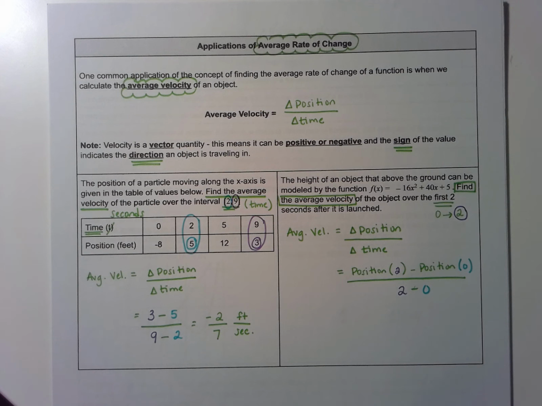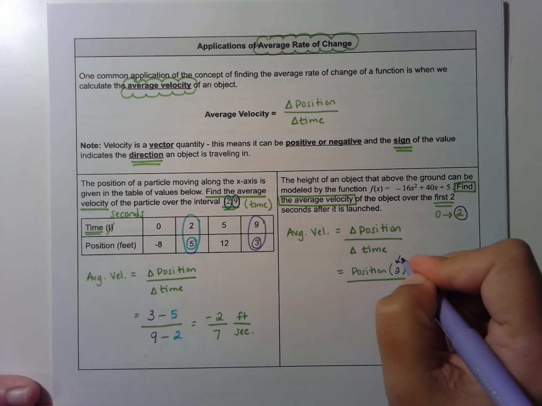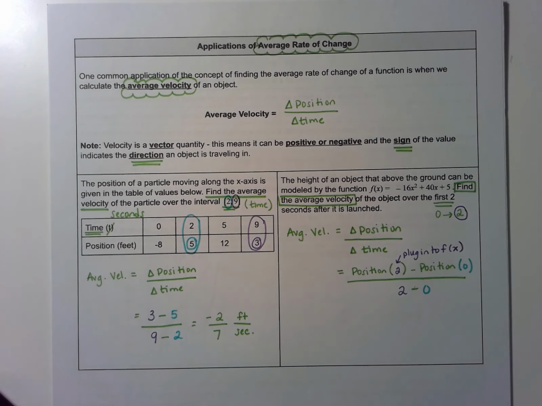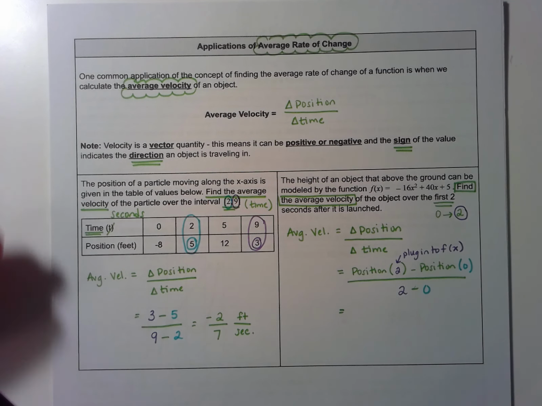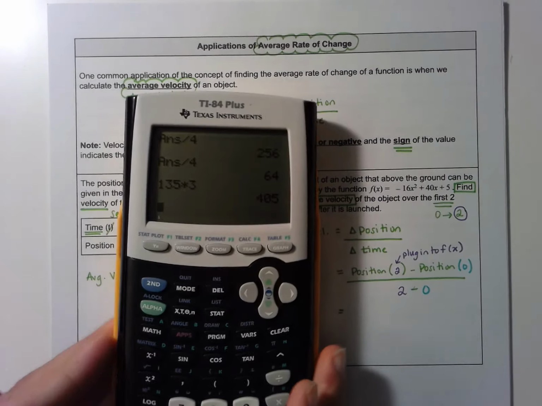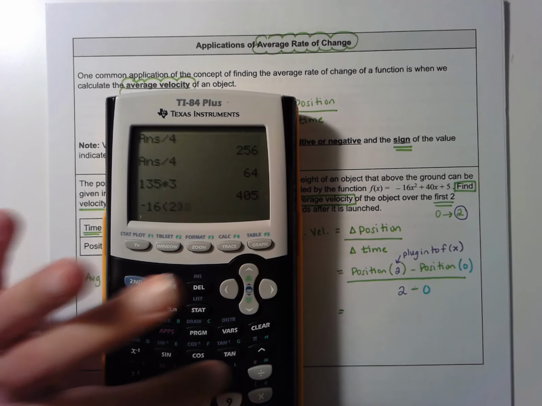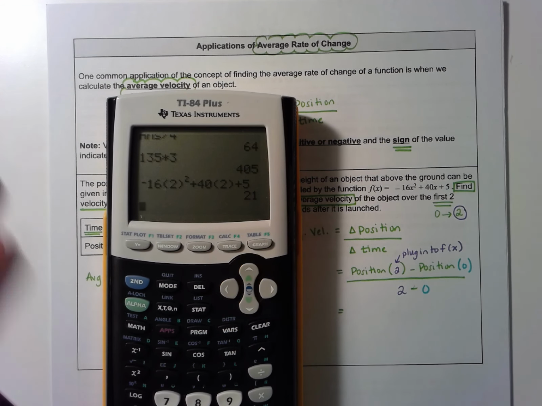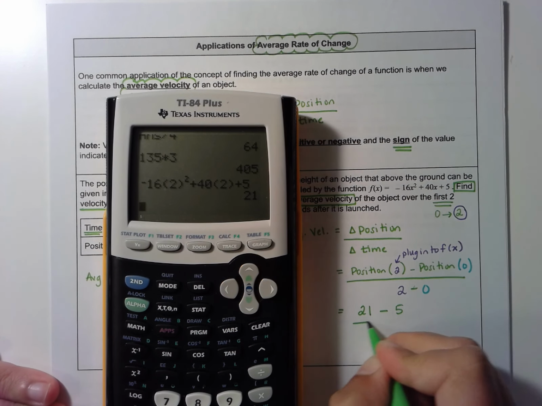So since we need to figure out the position, we're going to plug these values into our function, which is the function that tells us the height of the object. So if I plug in the number 2, and I'm actually going to use a calculator for this one because the numbers get a little bit larger here, and I don't want to make an arithmetic mistake. So to plug in the number 2 on my calculator, I would simply do negative 16 times 2 squared plus 40 times 2 plus 5, which gives me 21, minus, if I plug in the number 0, I get 5, all over 2.